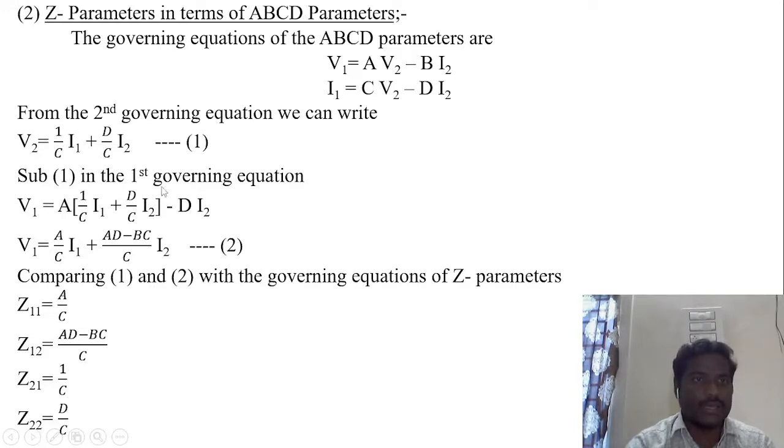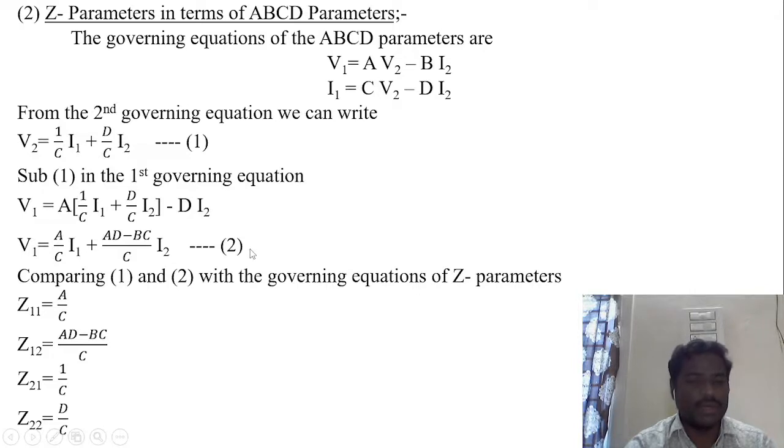Substitute equation number 1 in the first governing equation, that means in place of V2. It becomes V1 is equal to A into (1 by C into I1 plus D by C into I2) minus B into I2. After simplification, we get V1 is equal to A by C into I1 plus (AD minus BC) by C into I2.